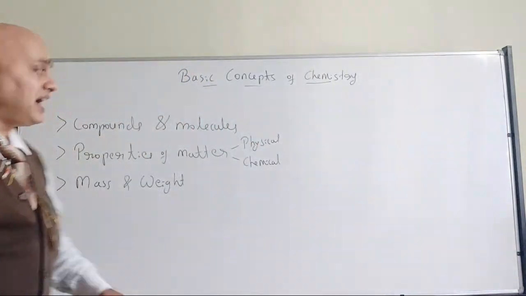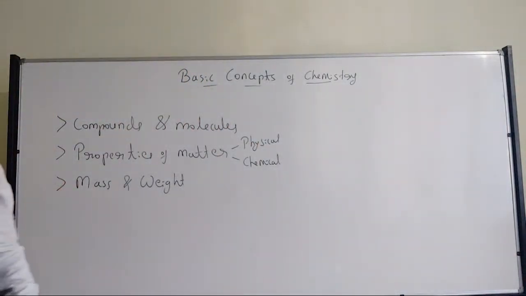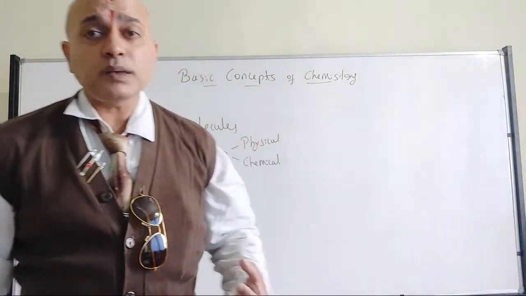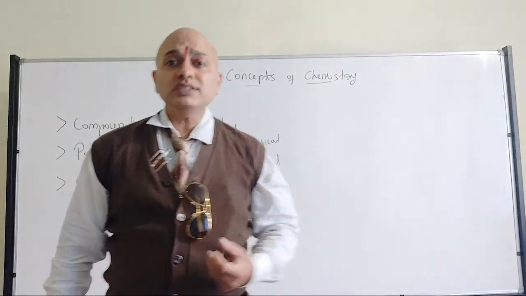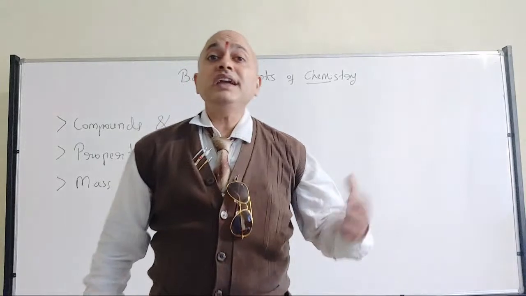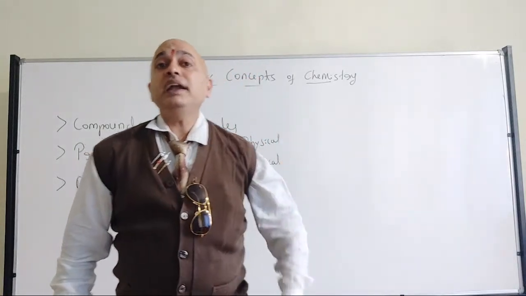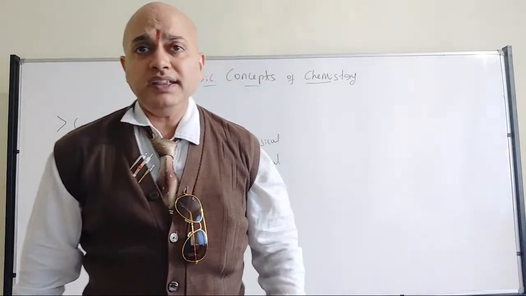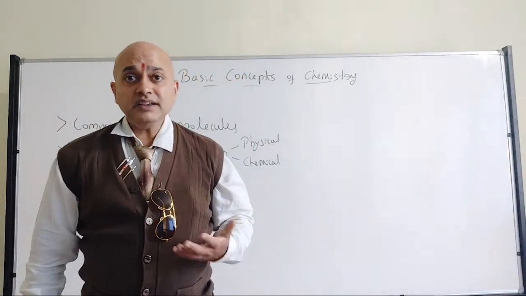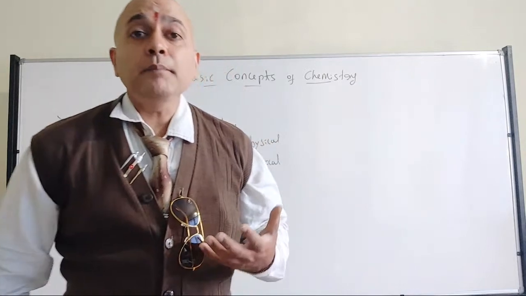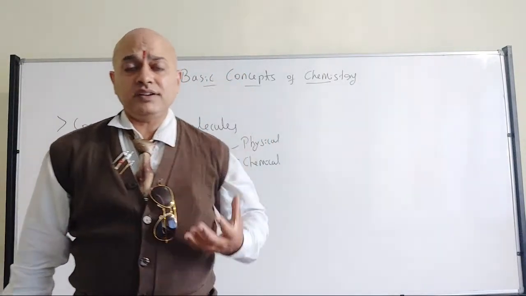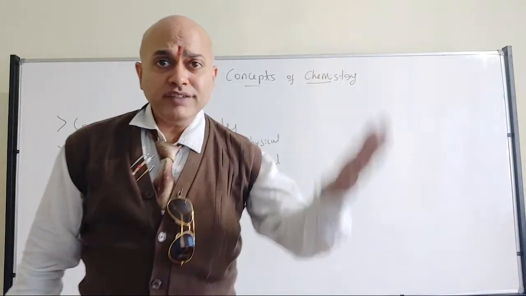So that's where we have discussed about mass and weight, where mass will be a constant for a particular substance, right? But when it comes to weight, it varies. It can vary depending on the altitude. If I take the weight of a person, it varies, right? Say for example, I am in a lift, and the lift is moving down.